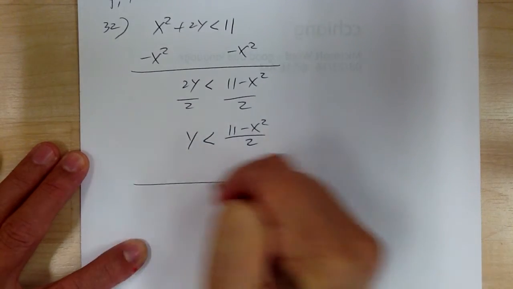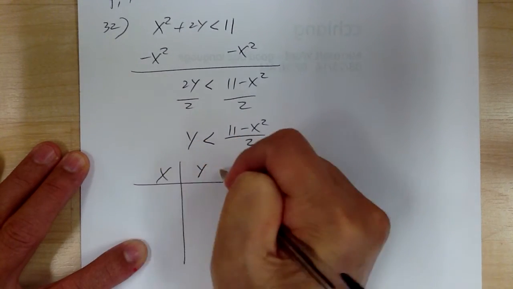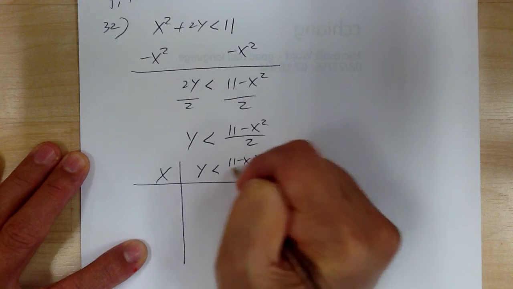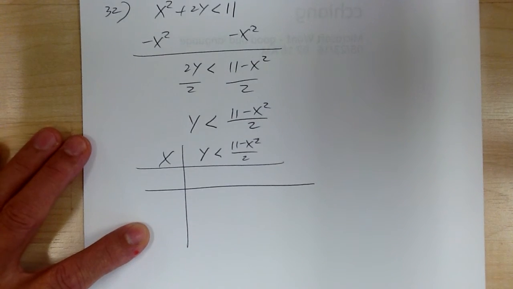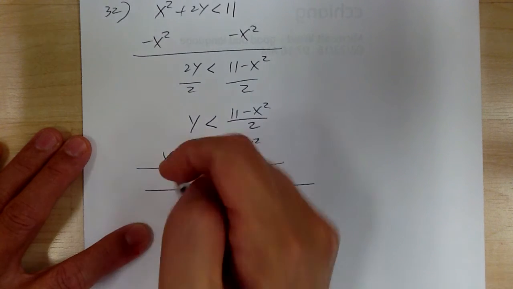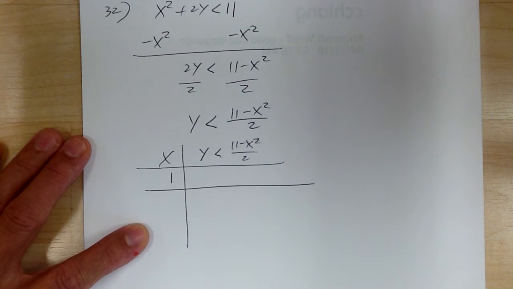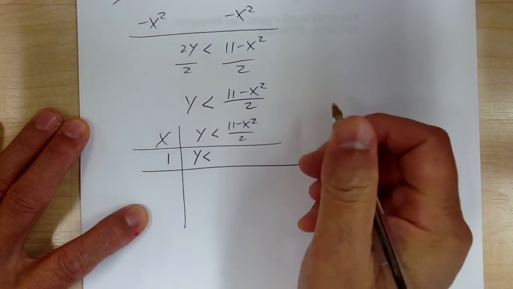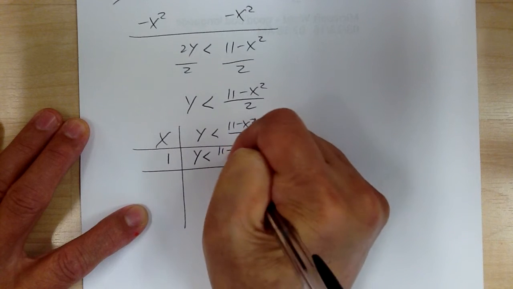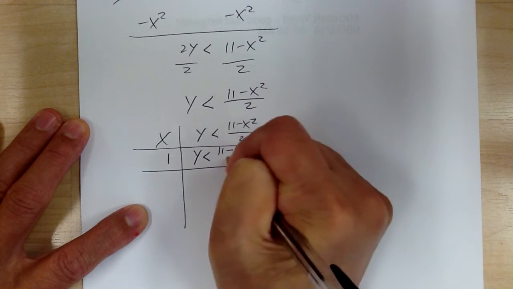Okay, again, you make a table, x, and write your equation over here, and you want to try. Now remember, this has to be a positive integer. So the smallest positive integer is 1. So y is less than (11 minus 1 squared) over 2.